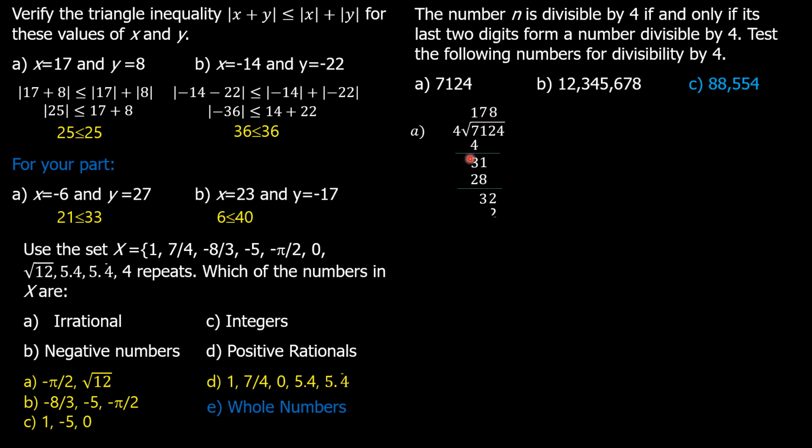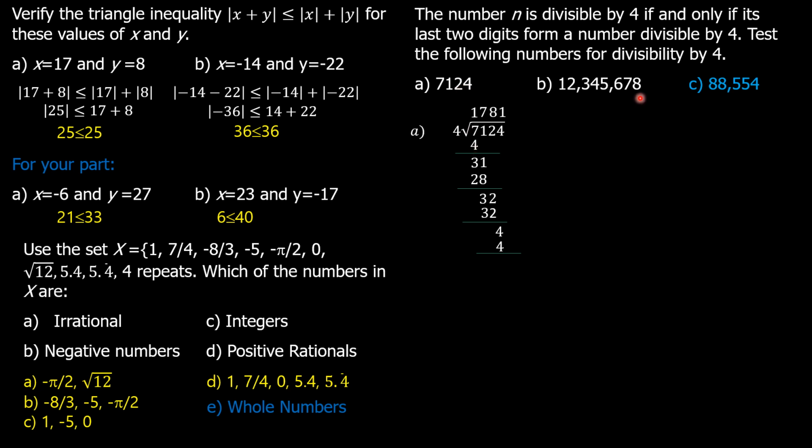Then 8 times 4, 32. So subtract, 0, and we bring down 4. So 4 divided by 4 is 1. And 1 times 4 is 4. So the remainder is 0. That means 7124 is divisible by 4 as expected.